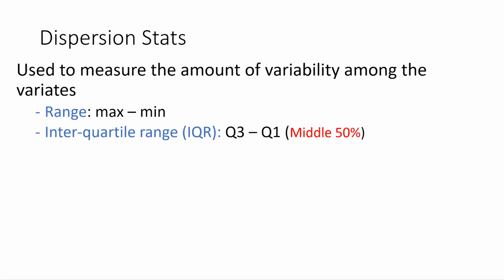And this tells us how much space there is between the middle 50% of the data. You can also find what the middle 50% of the data is by reporting Q1 and Q3. Those two numbers hold the middle 50% of data. I'm repeating that a lot because I'm going to ask you to solve for that. So remember, the middle 50% of data is located between Q1 and Q3.